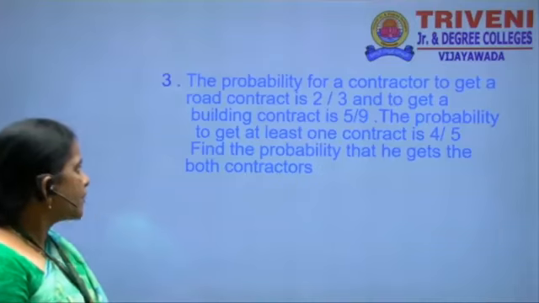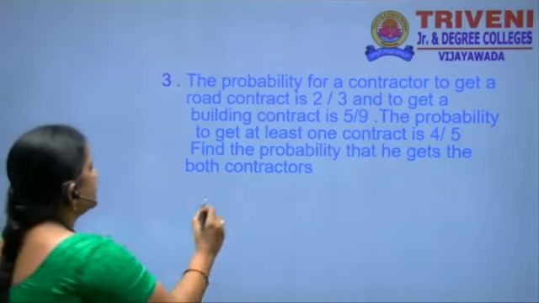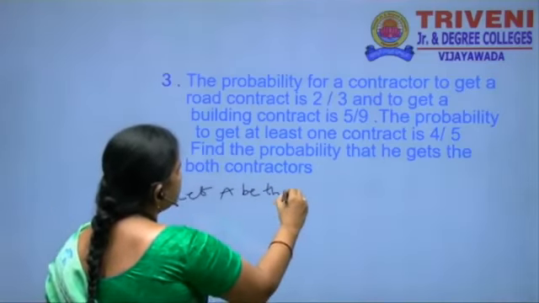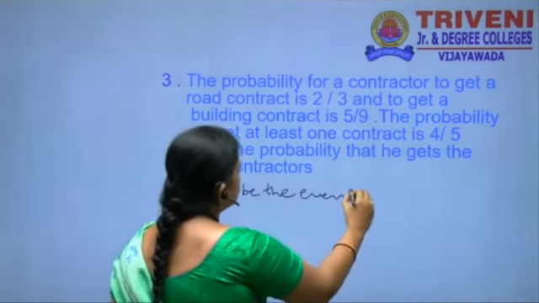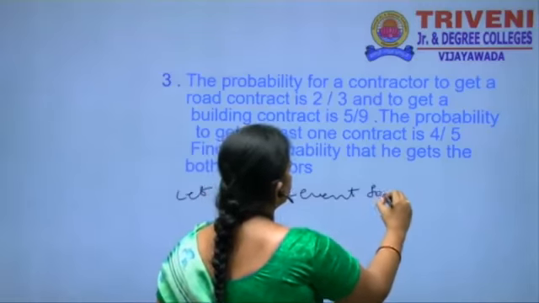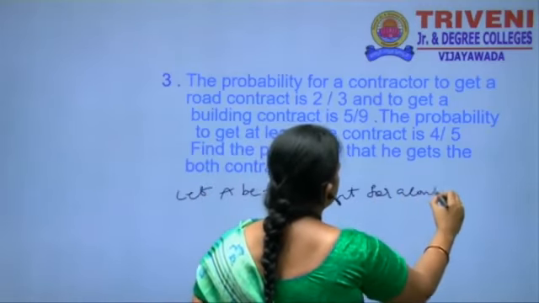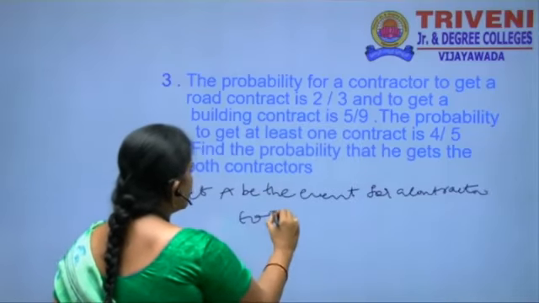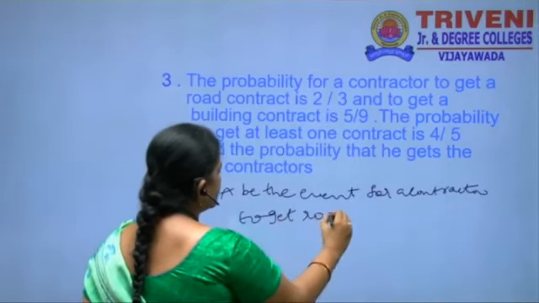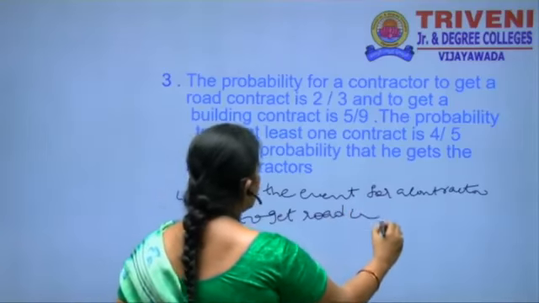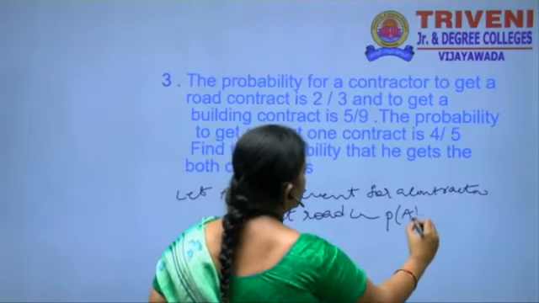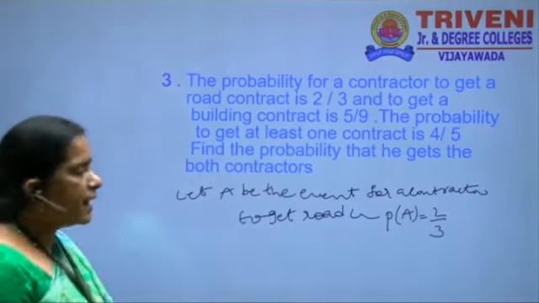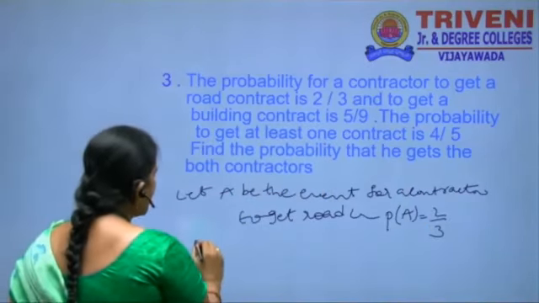Let A be the event of the contractor getting the road contract, so P(A) = 2/3.